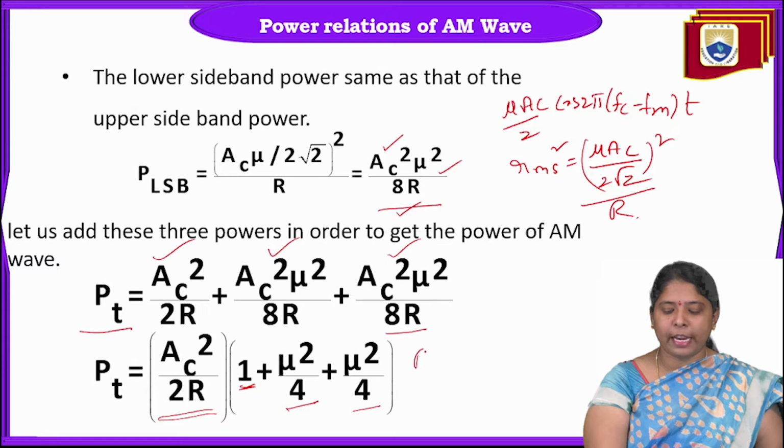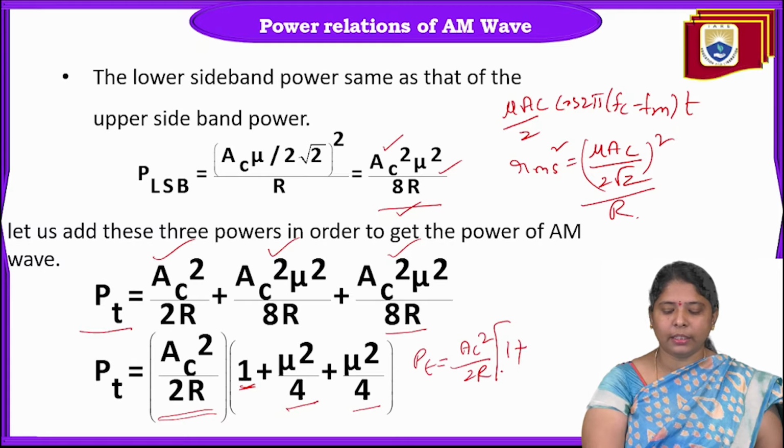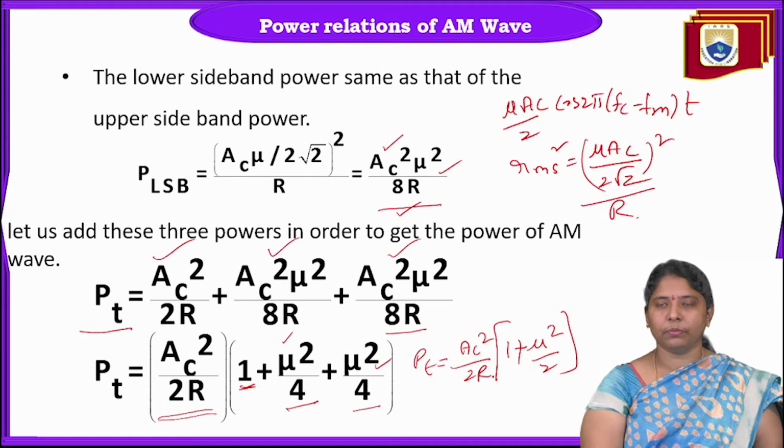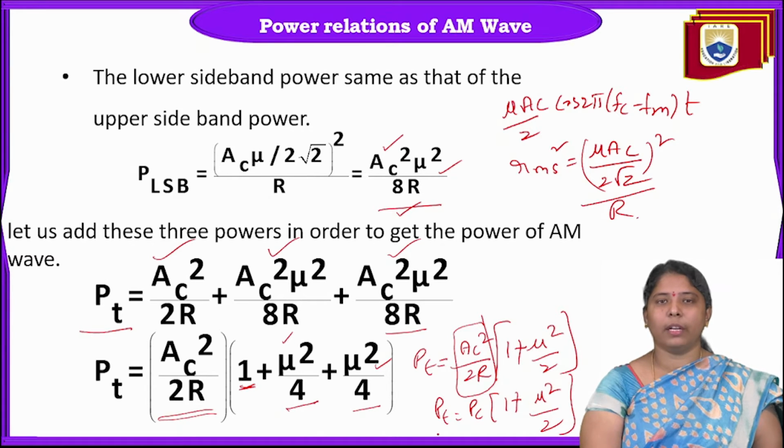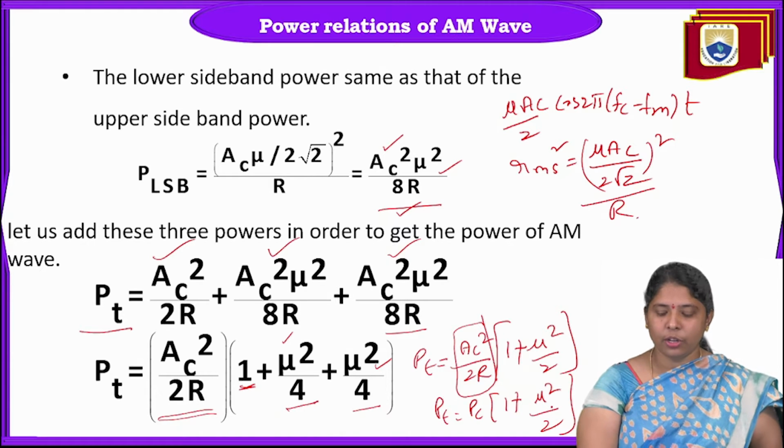Simplifying, PT equals AC square by 2R into 1 plus mu square by 4 plus mu square by 4, which gives mu square by 2. We know AC square by 2R is the carrier power, so PT equals PC into (1 plus mu square by 2). This is the total power.